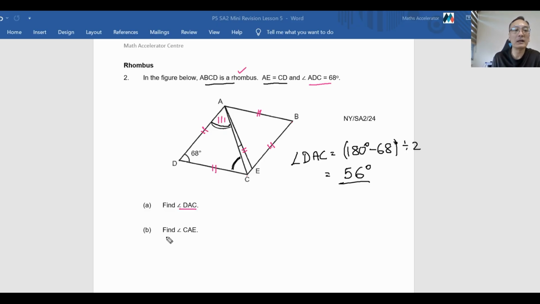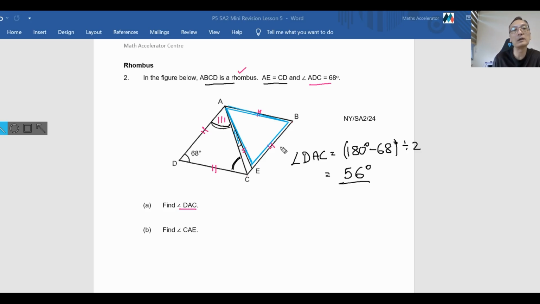Part B, we need to find angle CAE. CAE is this angle in blue. Alright, so in order to find this angle in blue, let's see what do we have. We have this triangle here that I outline in blue. And this triangle is a smaller isosceles triangle, right?